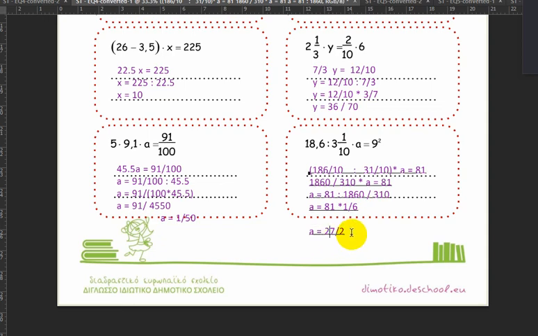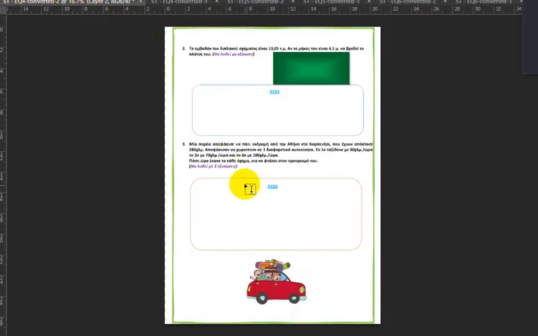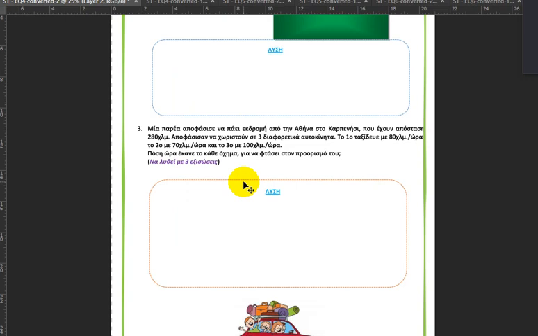If you want to, you can write this as 13.5. If you want to, you don't have to. All right, let's move on.